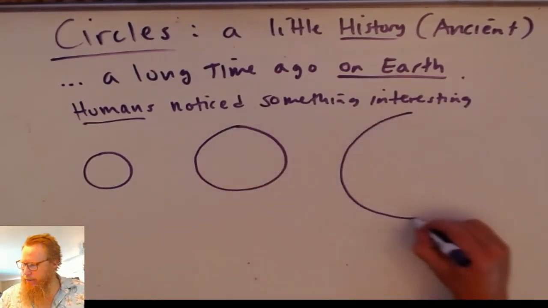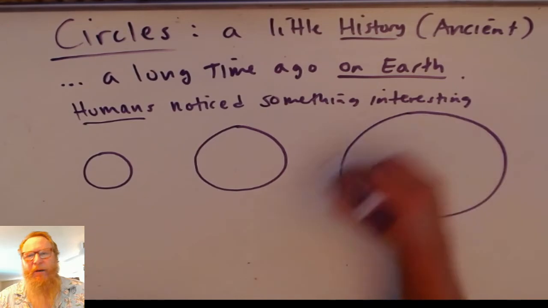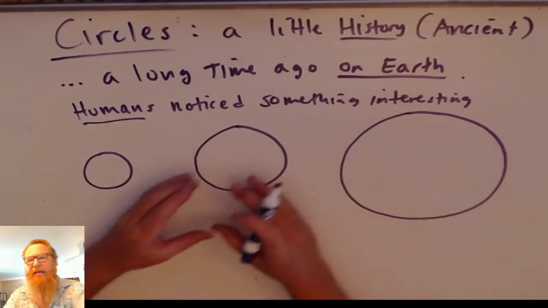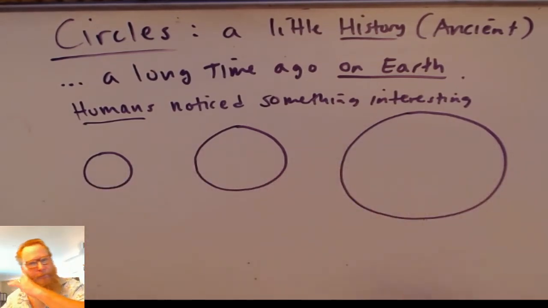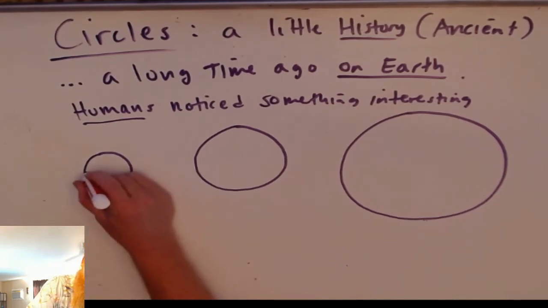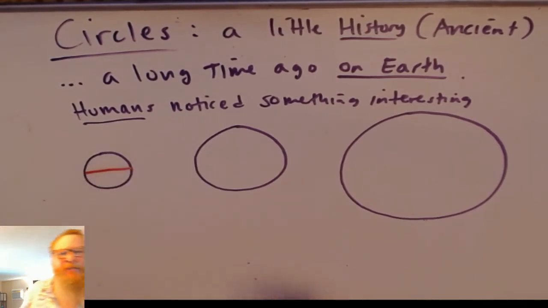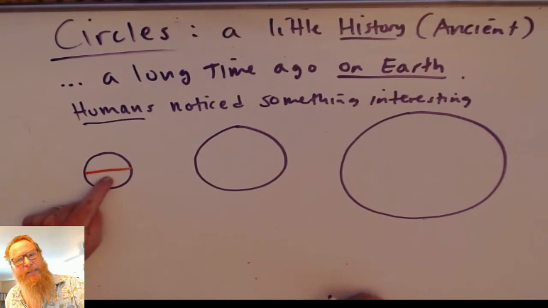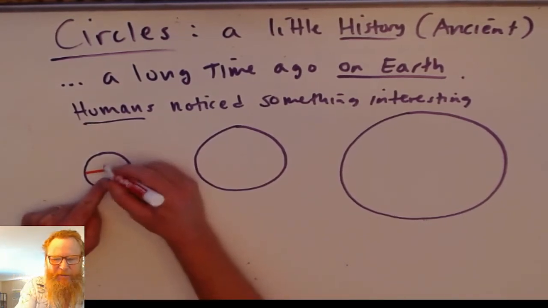and it really didn't matter how big the circle was. You could have a big circle, a medium circle, a small circle. If you measure the distance across the center, it's called the diameter.